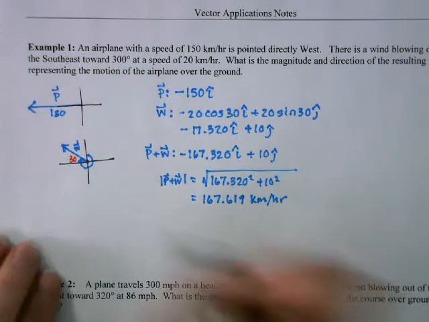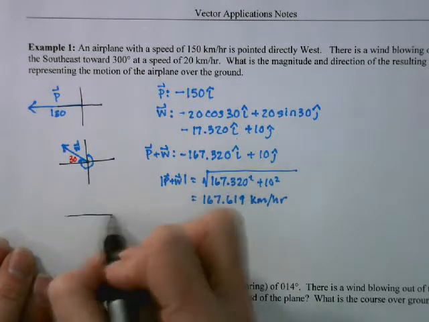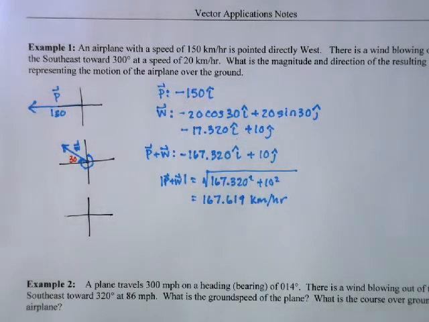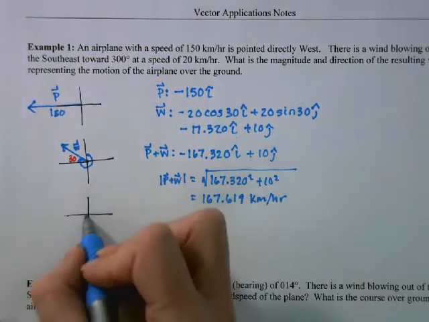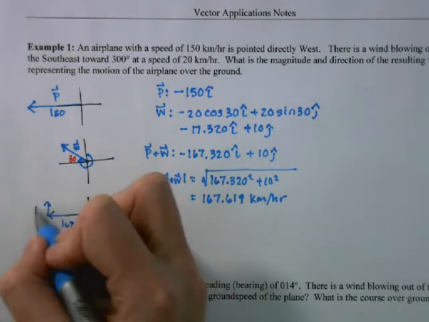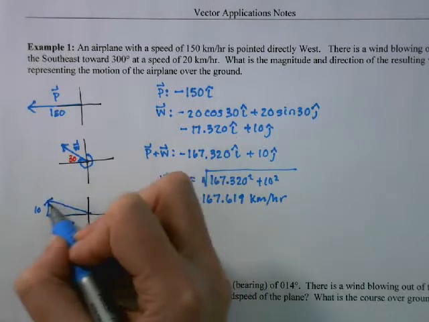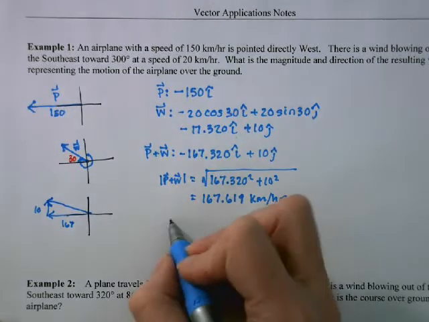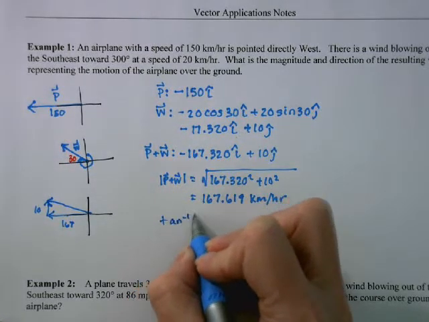For the direction, what we have is a negative 167 and then a plus 10. That's my result. So we're going to start with the tangent inverse.